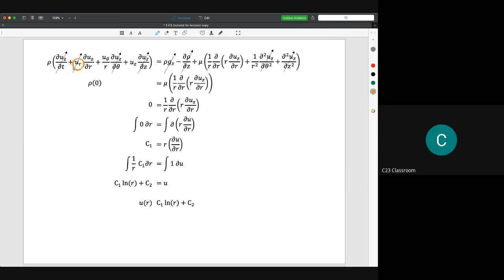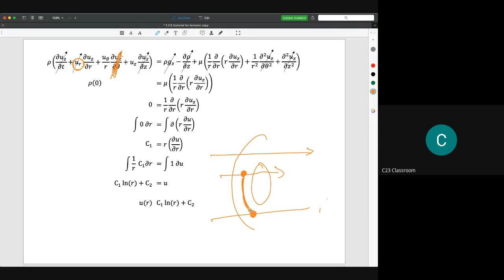So du_z over d theta means there are no changes of velocity z in terms of theta. What does this mean? If this is our cylinder and the velocity is in the z direction, the velocity z at this point and at this point is actually the same.